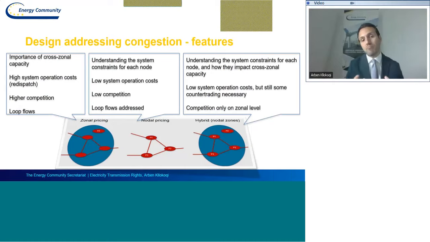You have high system operation costs in the zone because, as I said, the TSO will need to take into account any constraint within the zone. But on the other hand, you have higher competition because there are more players able to participate in this market. And you have a phenomenon which is called loop flows.